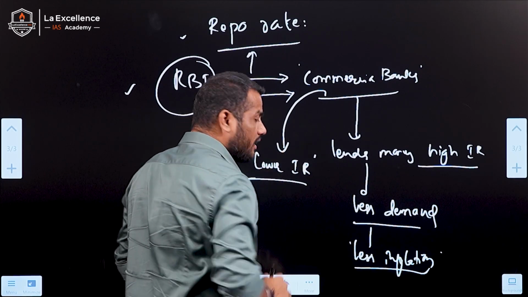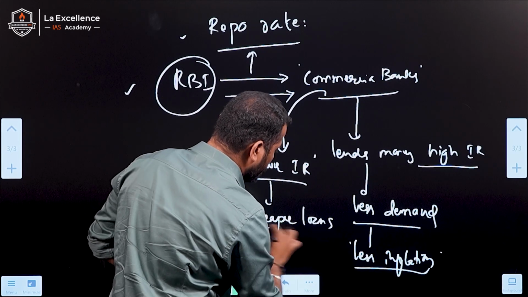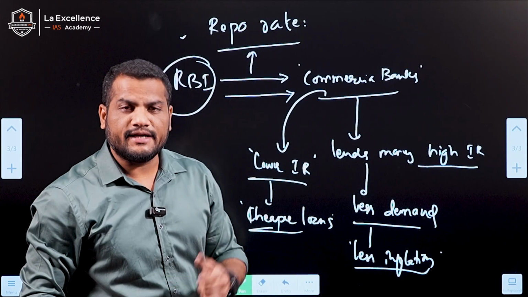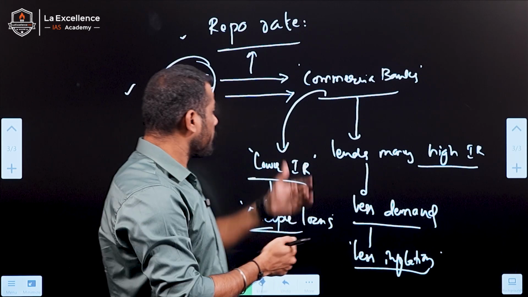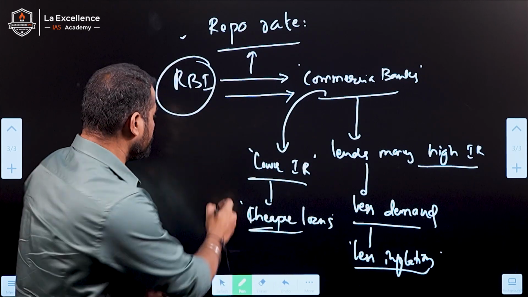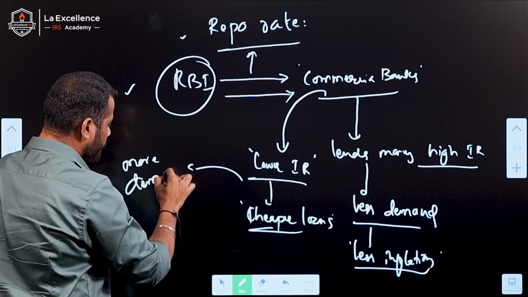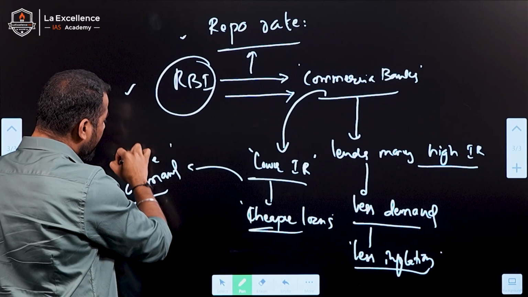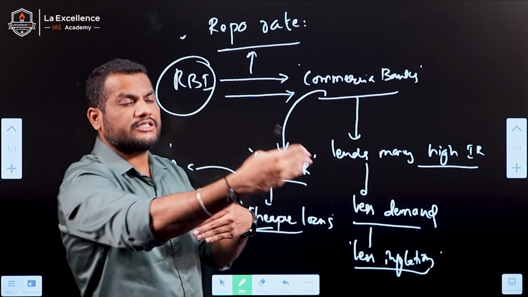In that case, there will be cheaper loans in the market. Borrowers will borrow more money from commercial banks, hence there will be more demand in the market.